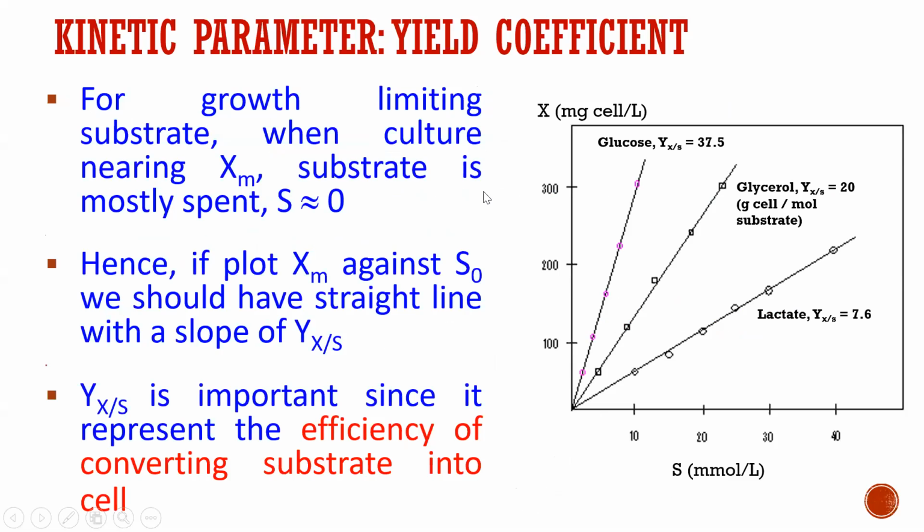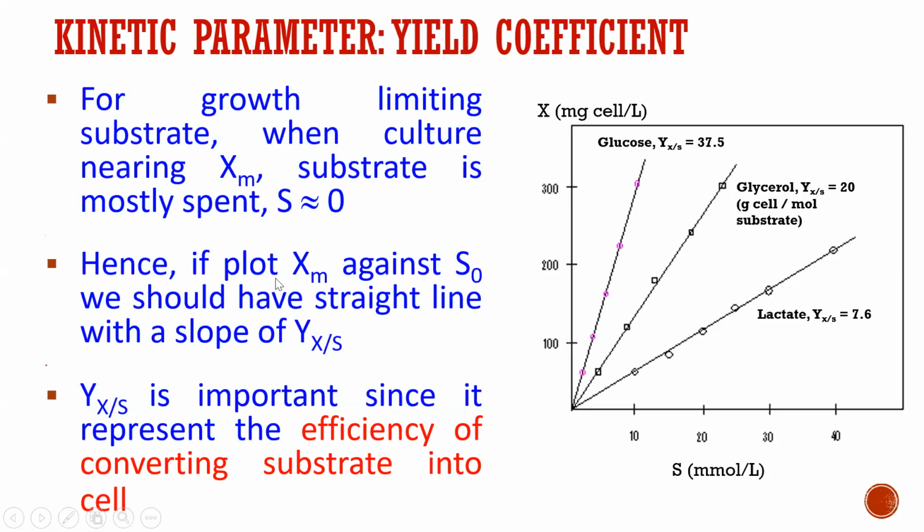Then you have this explanation. For a growth-limiting substrate, when the cell concentration is nearing the maximum cell concentration, the substrate is mostly spent, right? When it reaches the maximum, usually the substrate is mostly spent. No more substrate; that's why it has also reached the maximum cell concentration.